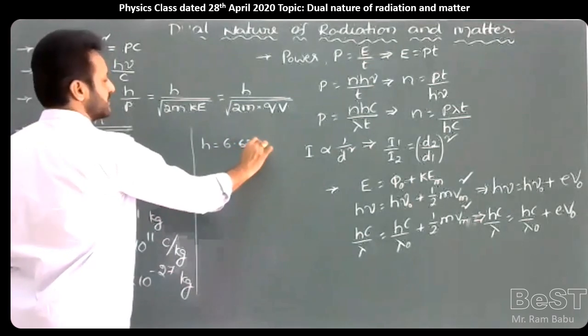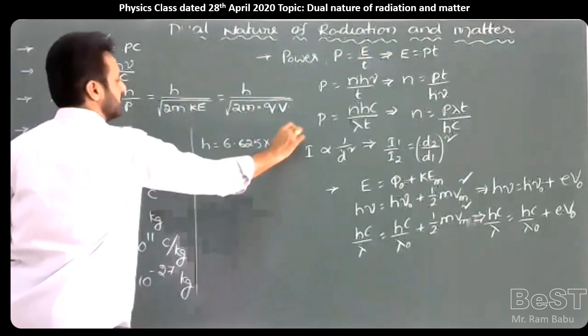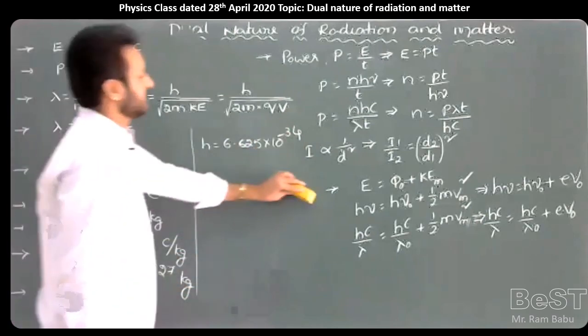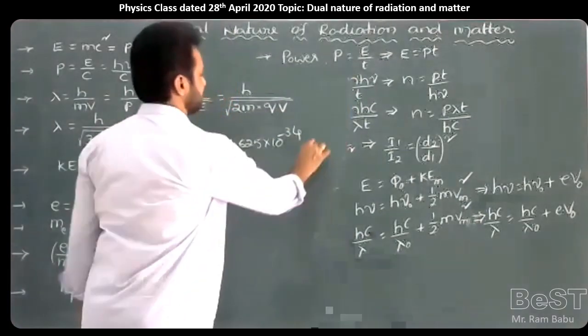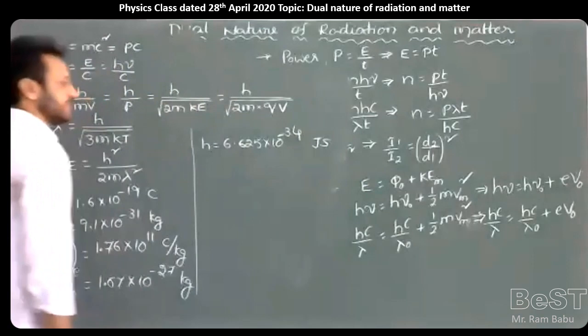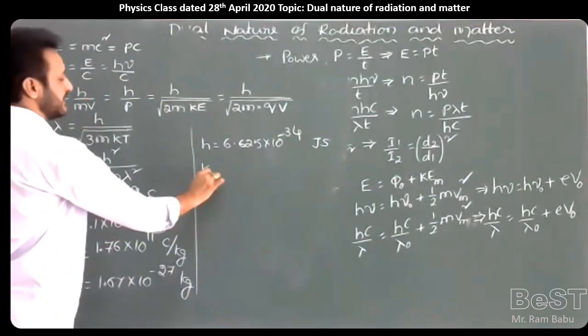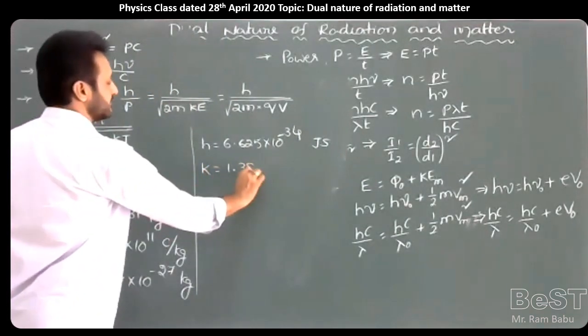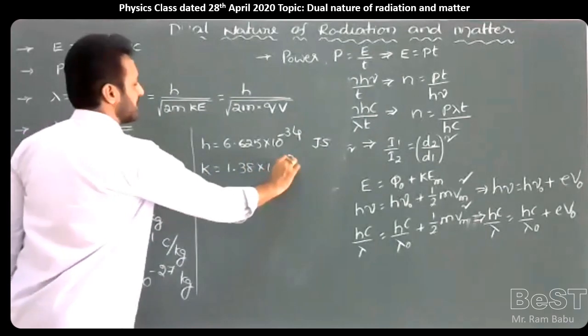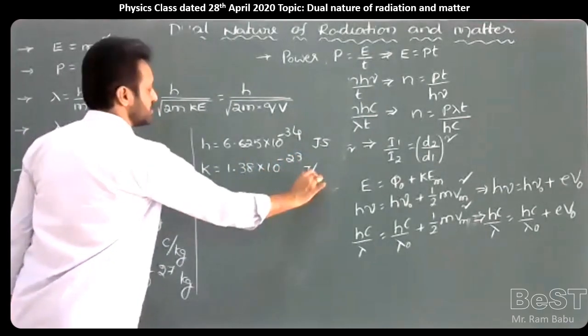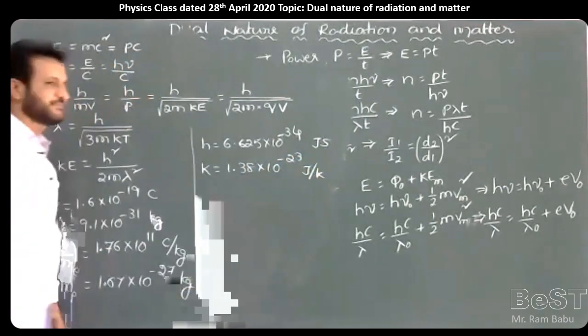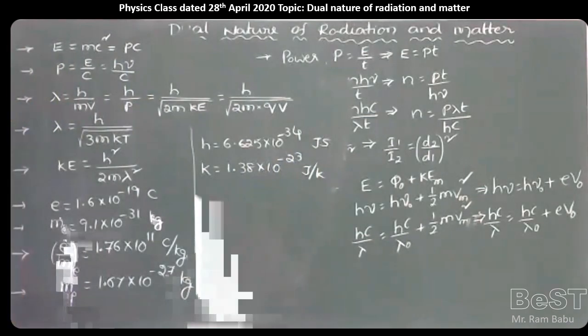Exact value 6.625 into 10 power minus 34 joule second. And Boltzmann constant 1.38 into 10 to the power of minus 23 joule per Kelvin.